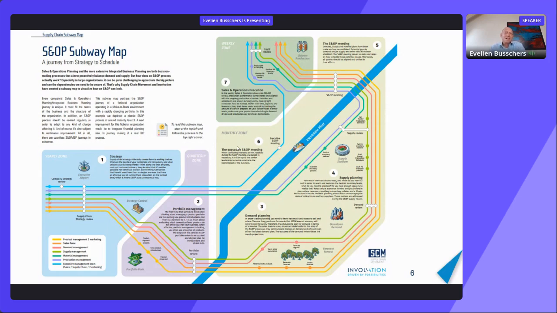Because if you work in supply chain, I'm sure you'll all have the overview and it's all crystal clear where you fit in. But if you work in other functions, well, in some companies other functions are very much involved.